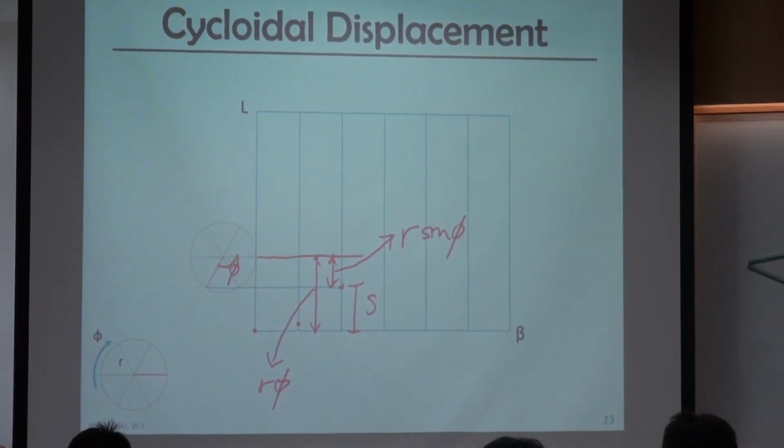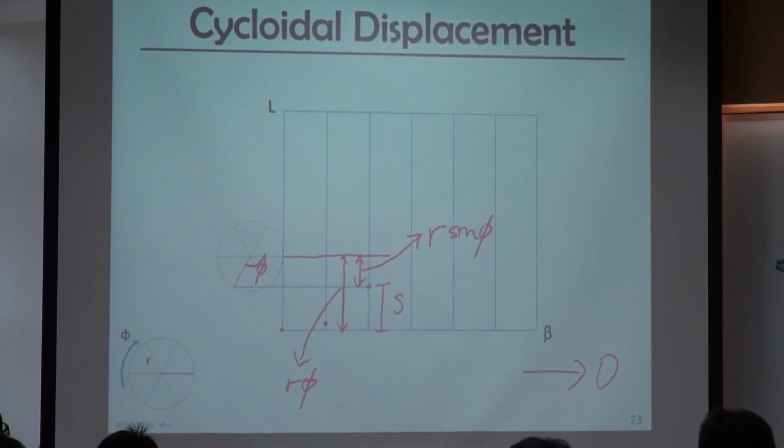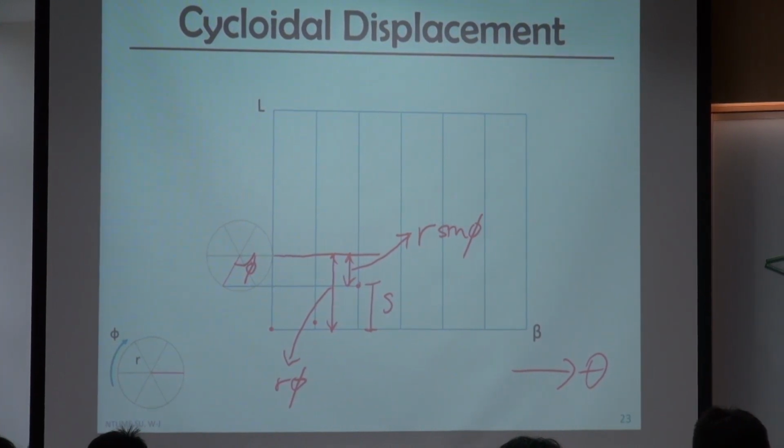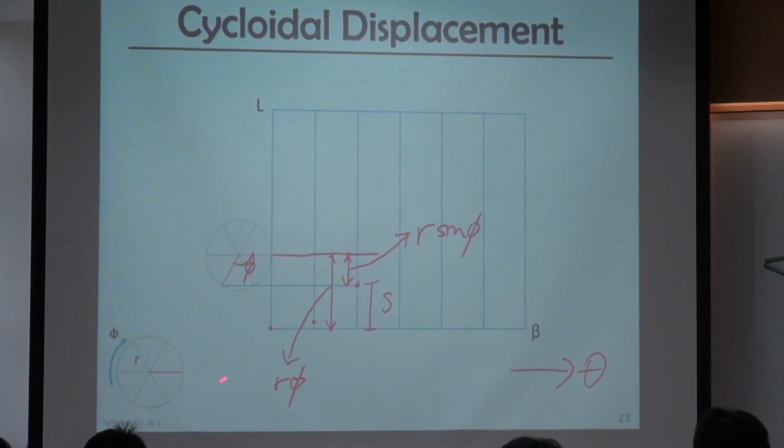But because our original coordinate is theta, right now we're using phi, because we generate phi for this small circle. But initially we should determine this one in our original coordinate, in which the angle is theta, not phi. So we need to convert it back to phi and beta. So how can I do this?